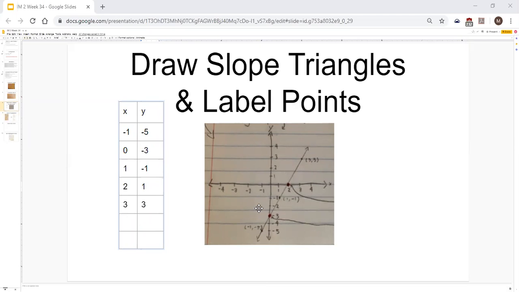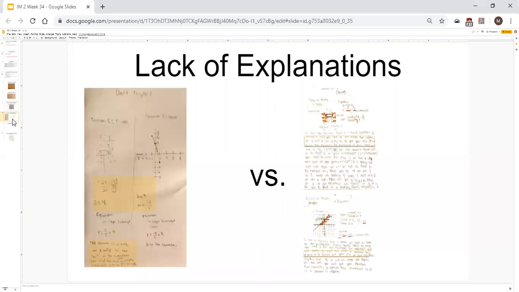Okay, so next up, we are going to look at the next mistake. Lack of explanations. This is the killer one. Take a look at the work of the student that had to revise and then take a look at the work of a student who earned an A for their draft. This is both the draft of chapter 2.